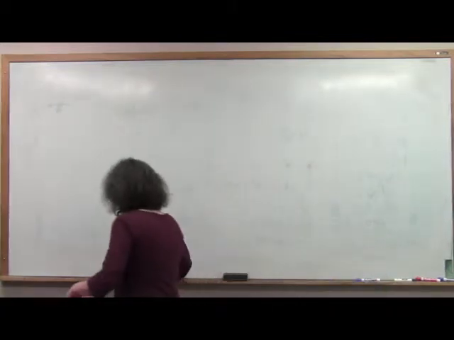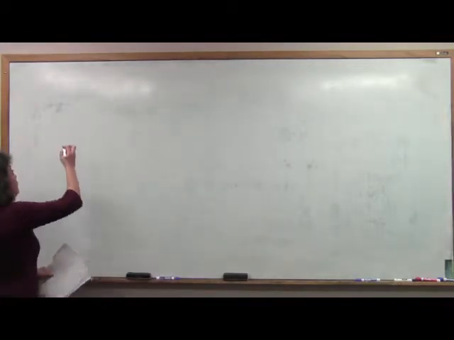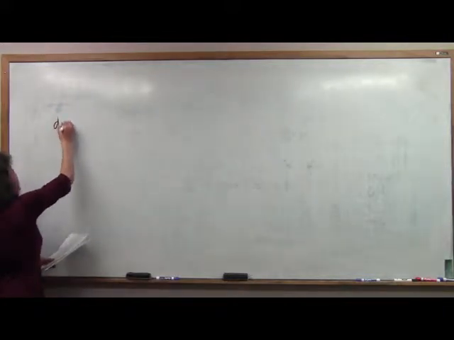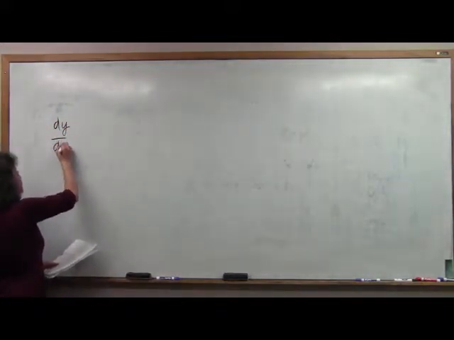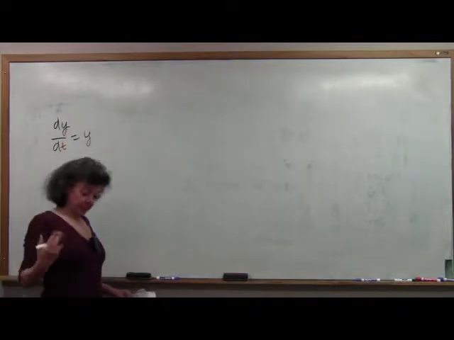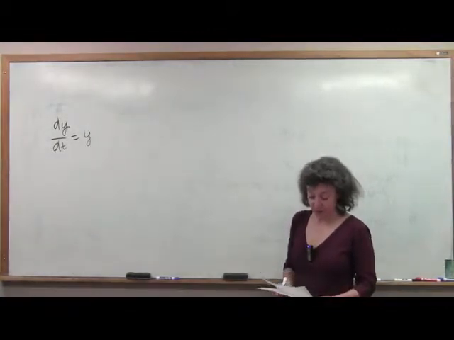So, the one differential equation that we kind of encountered a moment ago in the previous video was when we had dy dt equals y. In other words, when the derivative of a function gives us the function itself. Okay?